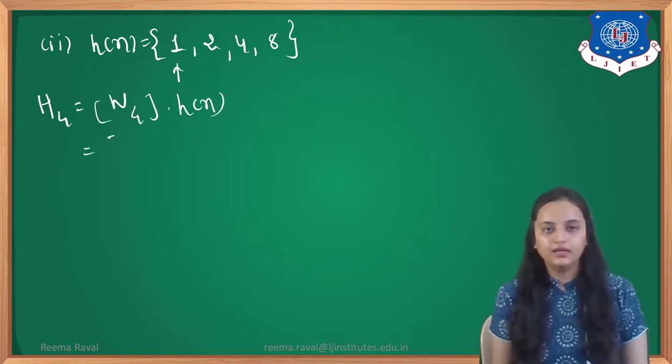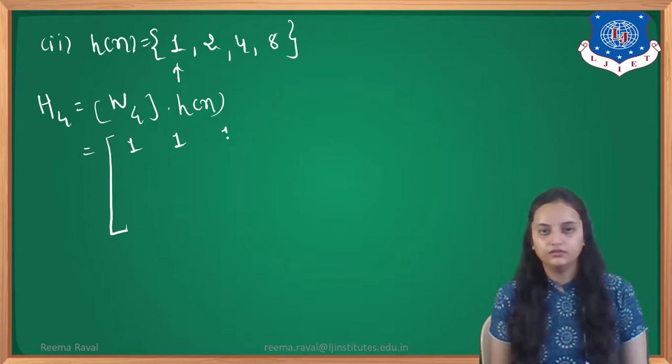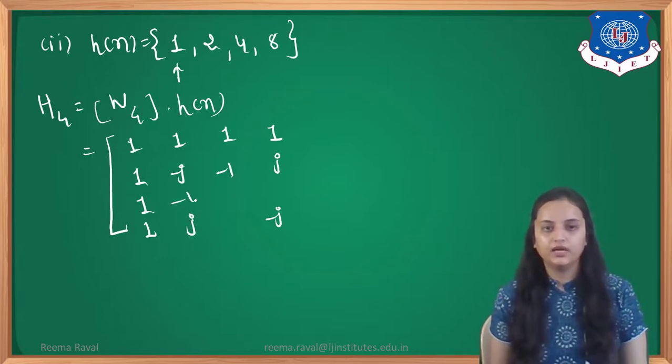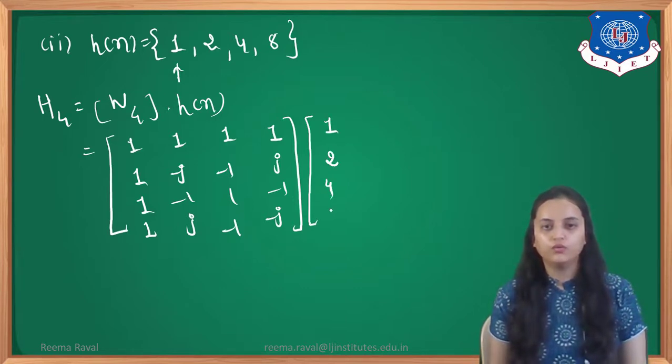Here the matrix is the same: 1, 1, 1, 1; 1, minus j, minus 1, plus j; and so on, with the h of n values 1, 2, 4, 8.